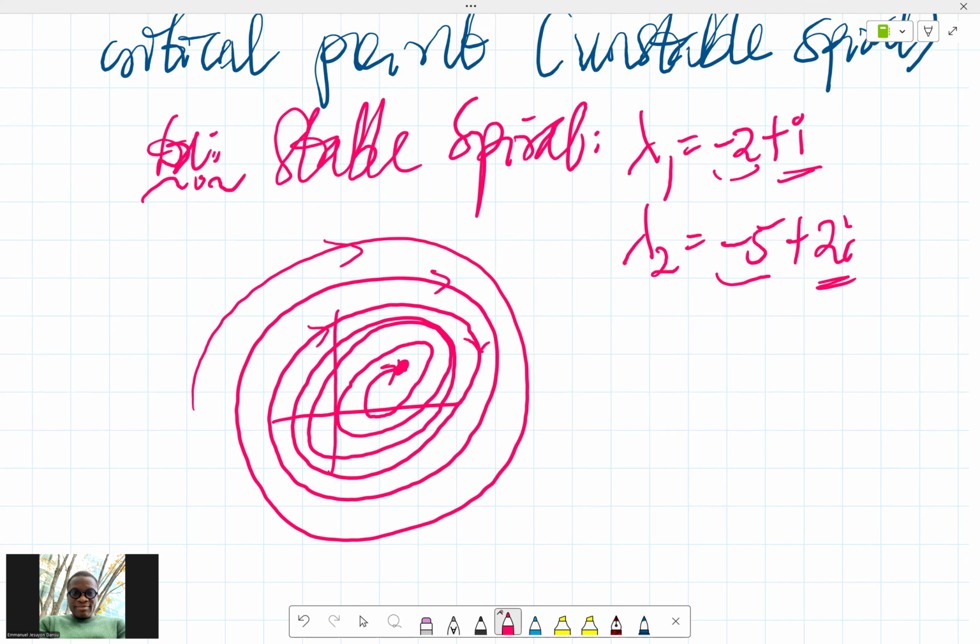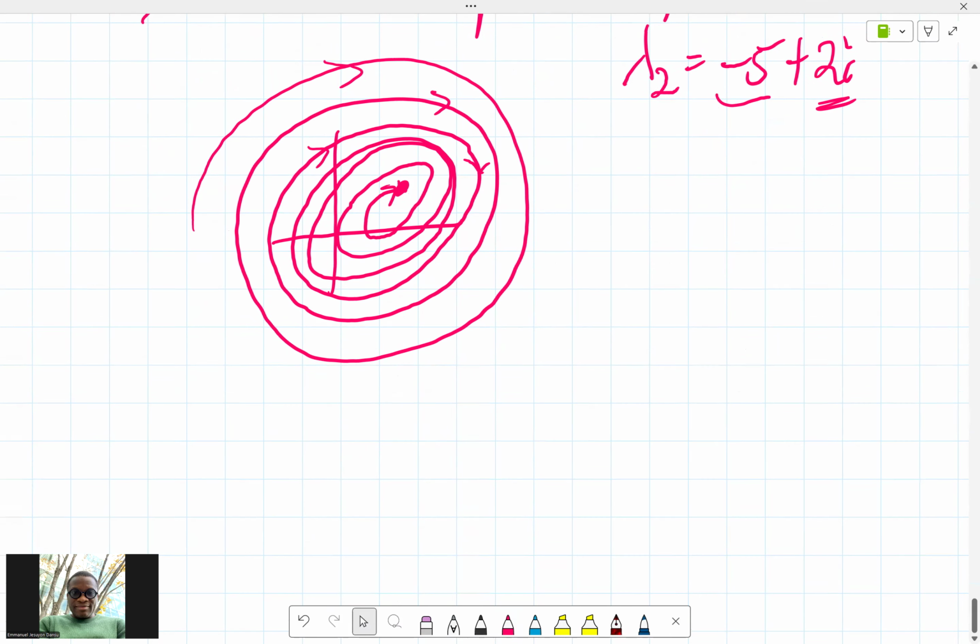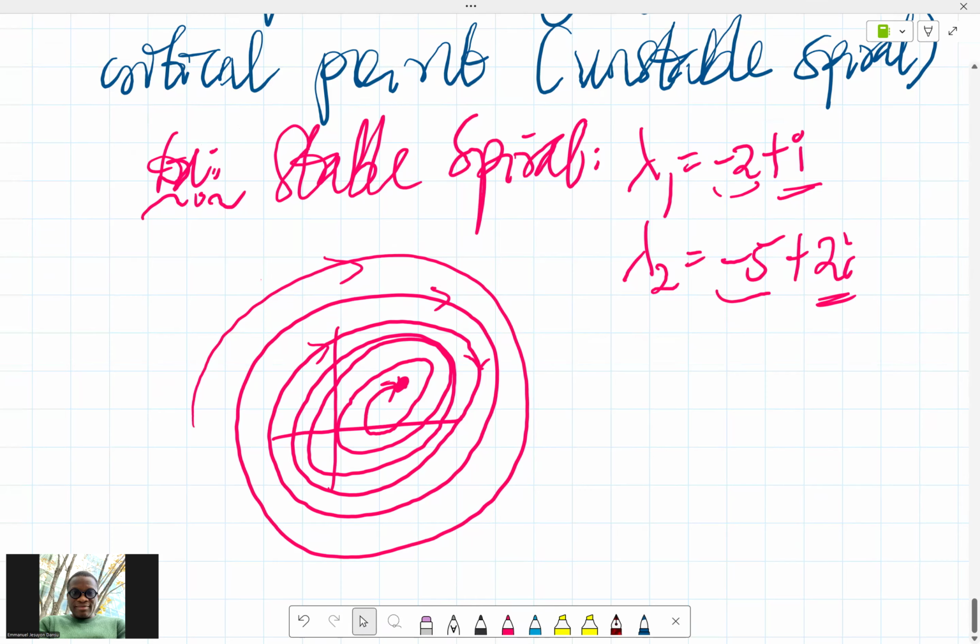That's what we mean by a stable spiral. It's spiraling because of the complex parts, but because of the negative real parts, it's spiraling into the critical point.